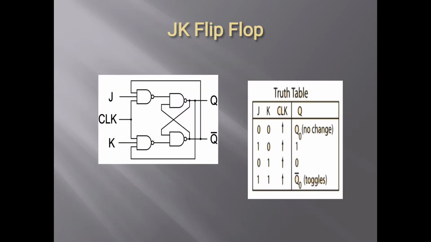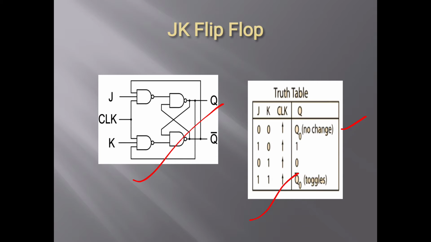Now we can see with the help of a diagram. See here, this is the diagram of the JK flip-flop. Now in the truth table of JK flip-flop, when the input value of J and K is 0, 0, then it will give the Q0 state, that is, no change in the output.